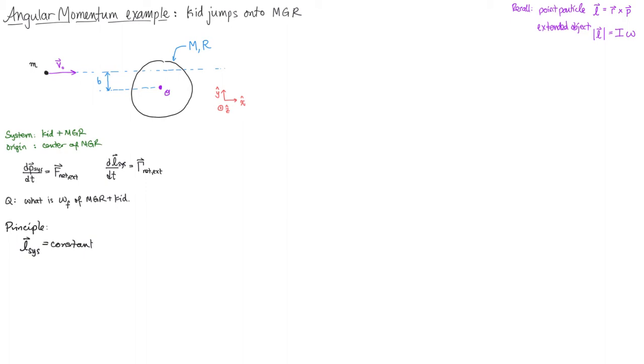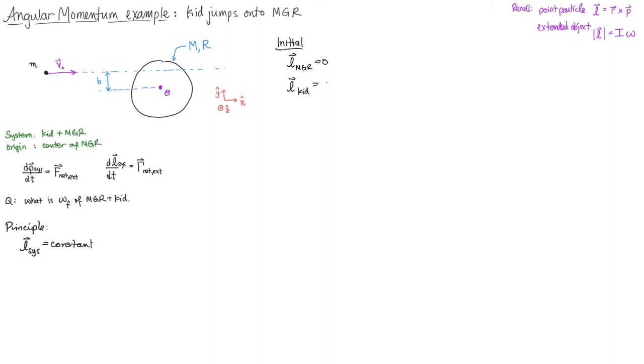So first, let's find out what is the initial angular momentum of the system. And to do that, we'll need to say the following. Initially, the angular momentum of the merry-go-round is 0. It's at rest. What about the angular momentum of the kid?